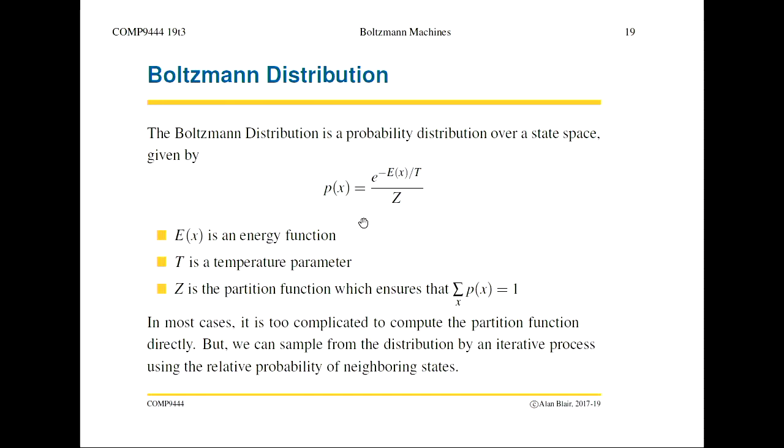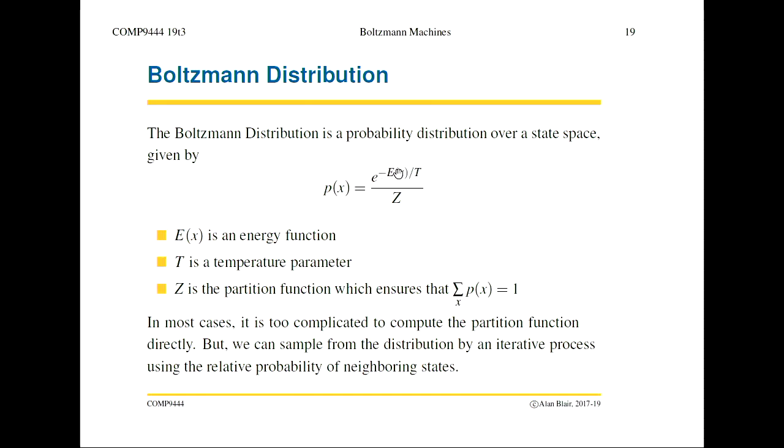Right? That's a consequence because everything else will stay the same in this expression. When we change from x to x prime, E of x will be replaced by E of x prime.